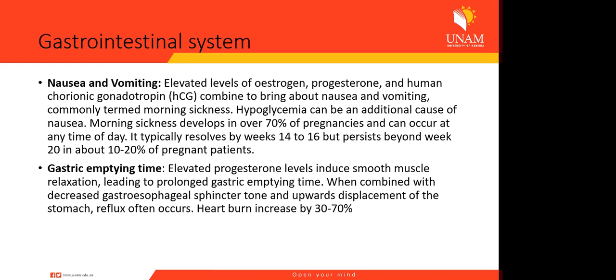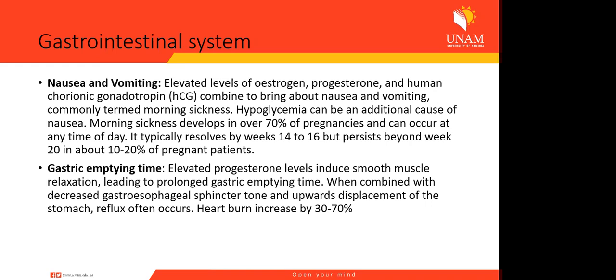Morning sickness develops in over 70% of pregnancies and can occur at any time of the day. Women that have serious morning sickness can often tell you, and even their partners, how discomforting it can be. But thankfully, it resolves by weeks 14 to 16, but some women may persist beyond 20 weeks in about 10 to 20% of pregnant patients.